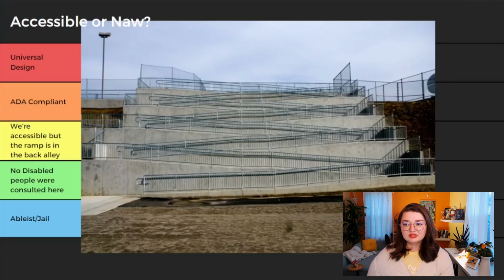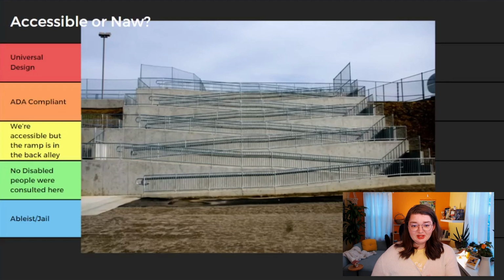Oh boy. Okay, so this one. What we're looking at is a big ramp. I don't know where it leads to, but it's a gigantic ramp that goes up like 20, 30 feet.